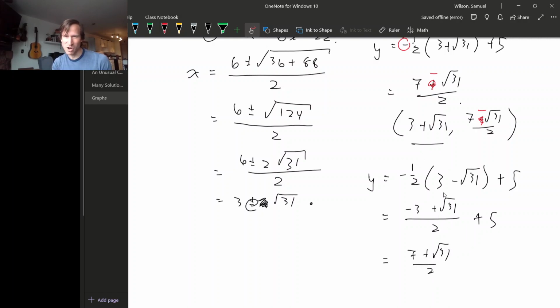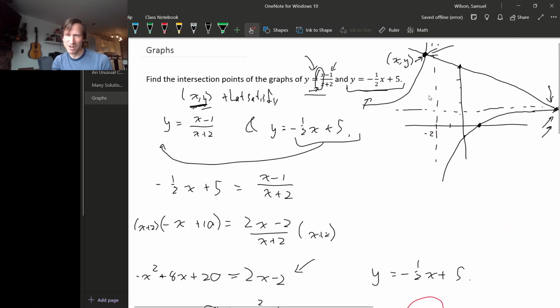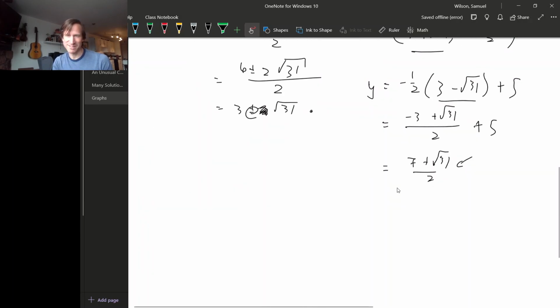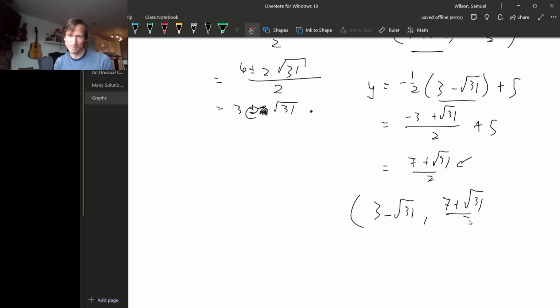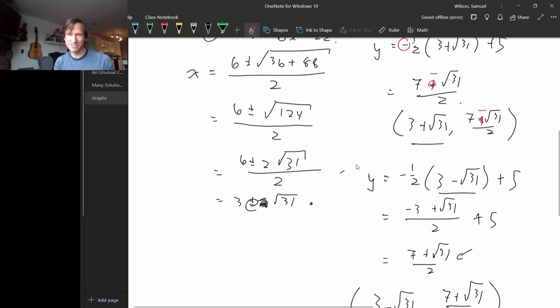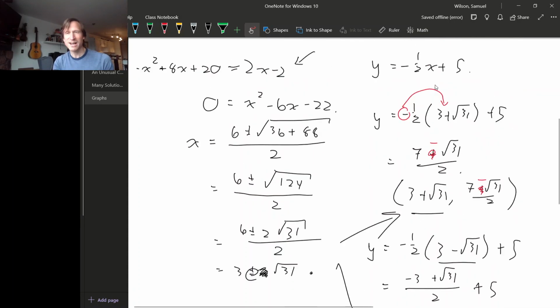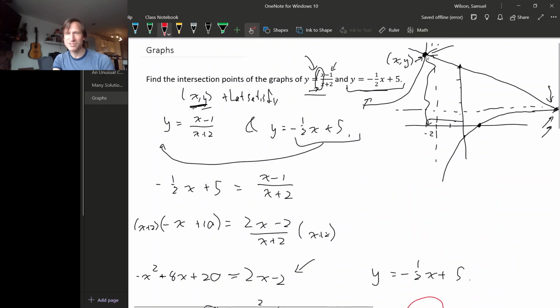So for this smaller x value, we got a larger y value, and that looks right on the picture, right? For this larger x value, we get a bigger y value here. So that seems right. So this solution is 3 minus root 31, comma 7 plus root 31 over 2. Okay, so we got these two solutions to this equation, and those correspond to these two intersection points of these two graphs.